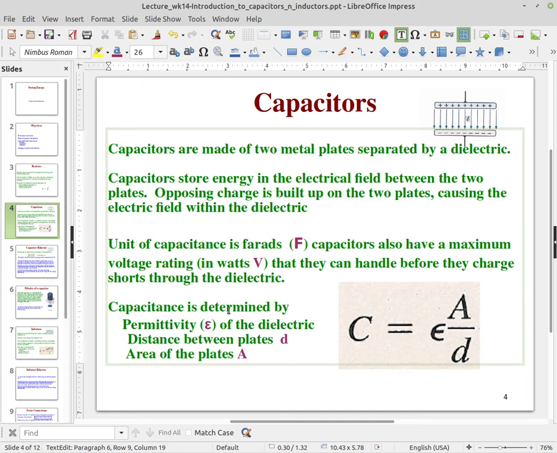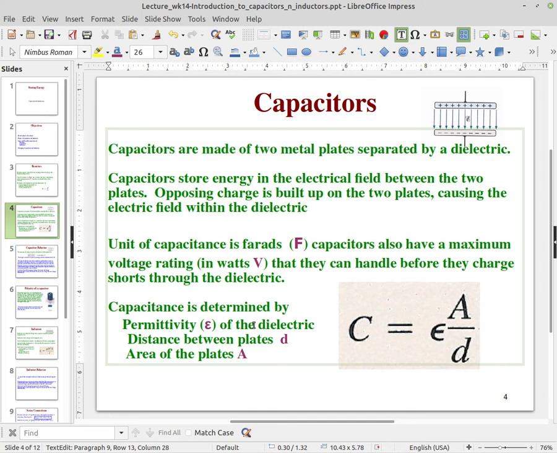Now, capacitance is determined by three aspects of the physics of the capacitor. One aspect is something called the permittivity, which we use the symbol epsilon for. That's a Greek symbol epsilon there. And that is the permittivity of the dielectric, which basically specifies how much energy we can put within that electric field.